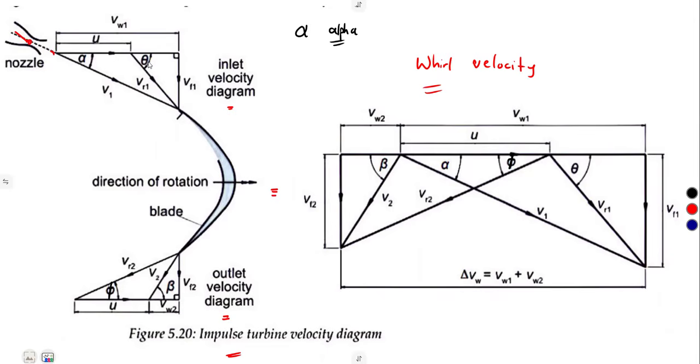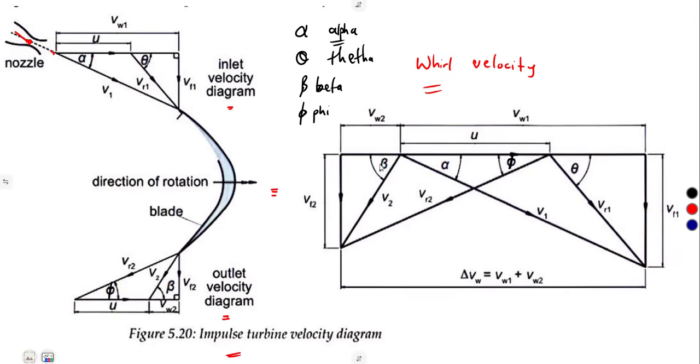Then we have theta, our angle theta. We also have beta, and phi. And angle phi.